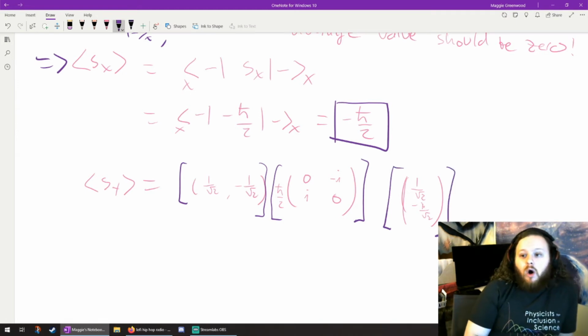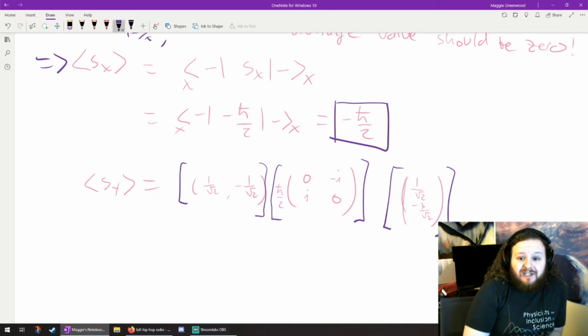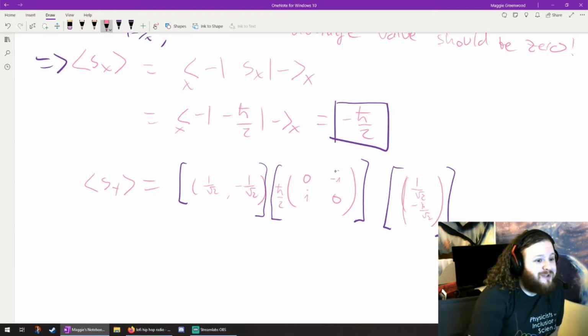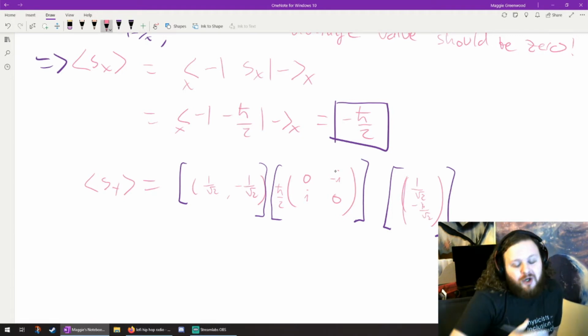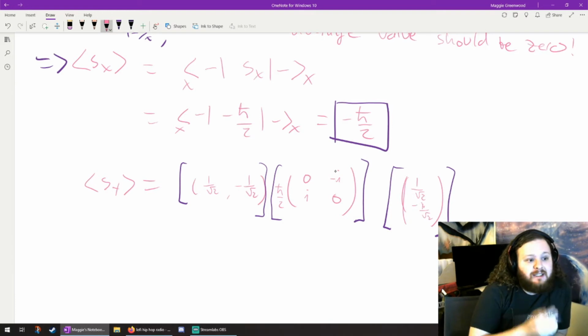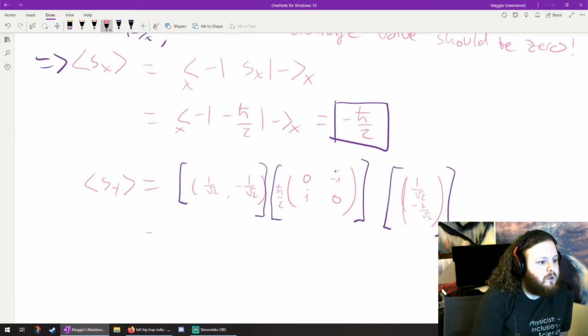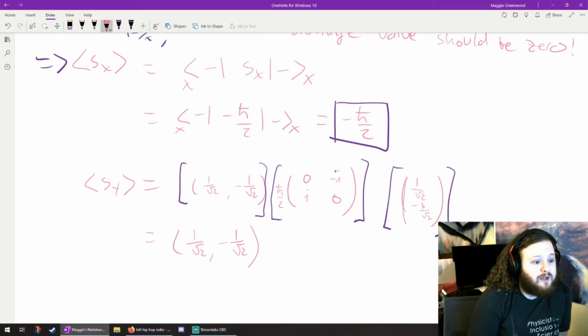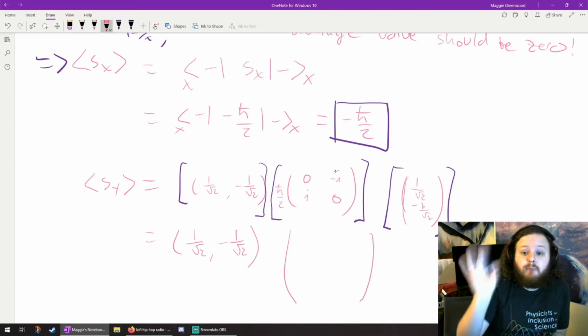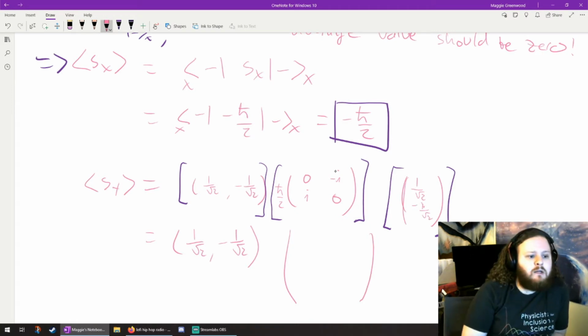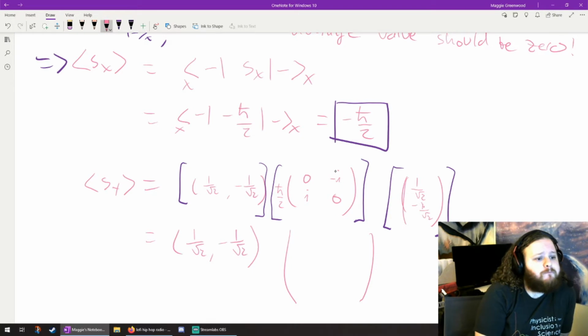And so all I need to do with this calculation is do matrix multiplication on it. Which is to say I'm going to let this matrix act forward on the vector that I have, and then I'm just going to take the dot product of the 2 resulting vectors. So 1 over root 2, minus 1 over root 2 is then going to act on some column vector that I'm left with, which in principle is still a 2-component column vector, but I might need a little bit more space to write down what this will be.